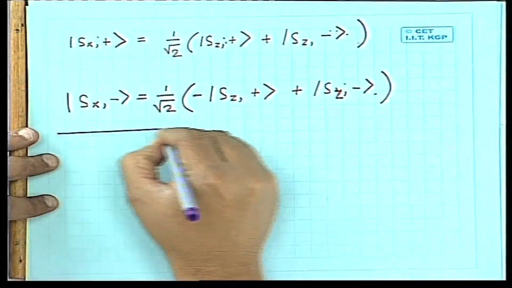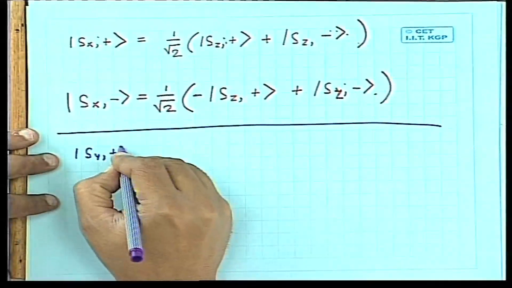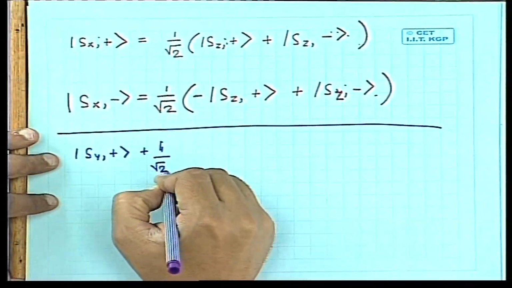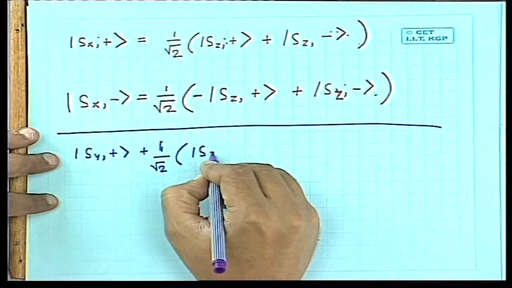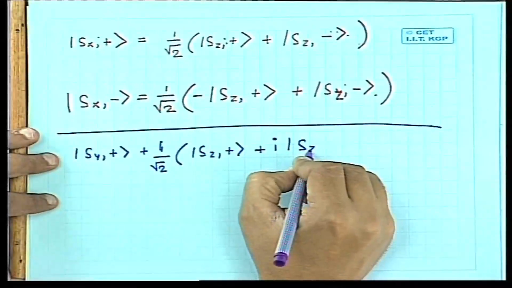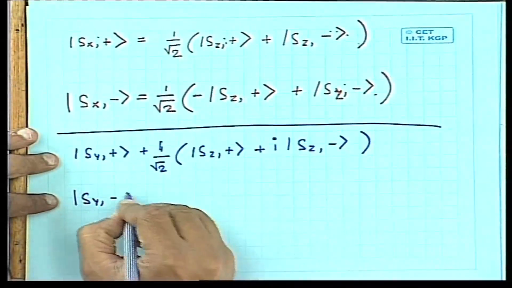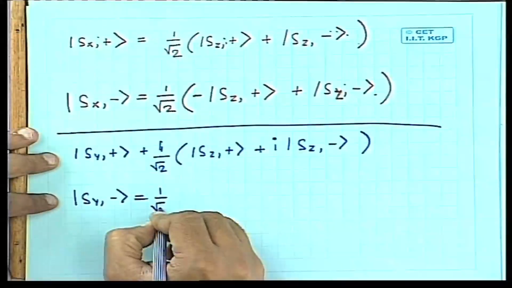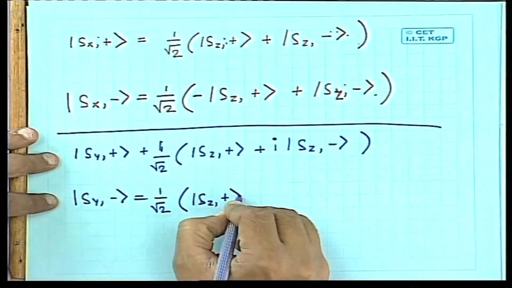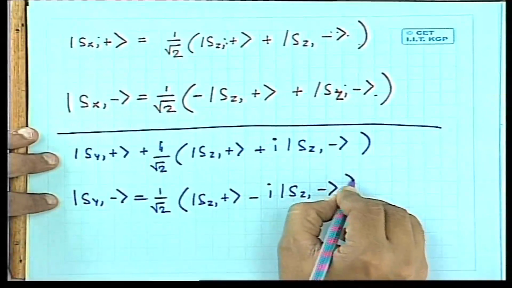So a particle with spin y plus is 1 by square root of 2 s z plus i s z minus, and s y minus is 1 by square root of 2 s z plus minus i s z minus.